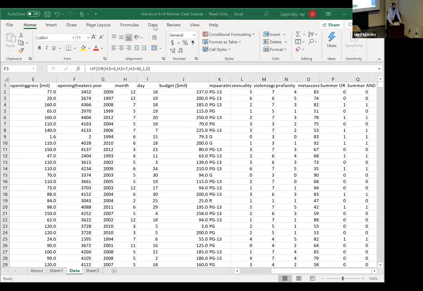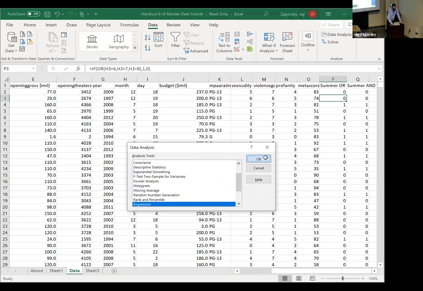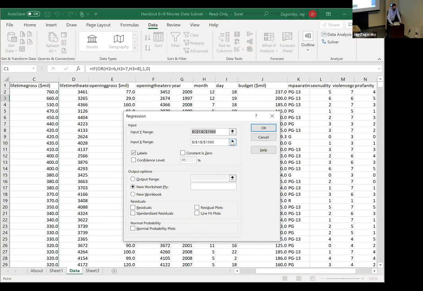Okay, so let me do it. We'll take Data, Data Analysis, Regression. The Y range is okay.